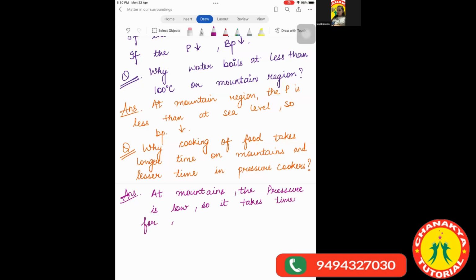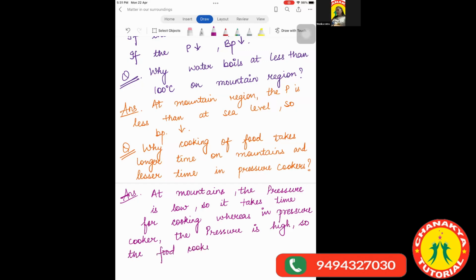Whereas in case of a pressure cooker, the pressure is high, so the food cooks easily. Is it clear to everyone? Jitendra, Yukta, Rayan, Harshit, all clear? Yes, ma'am. Okay.